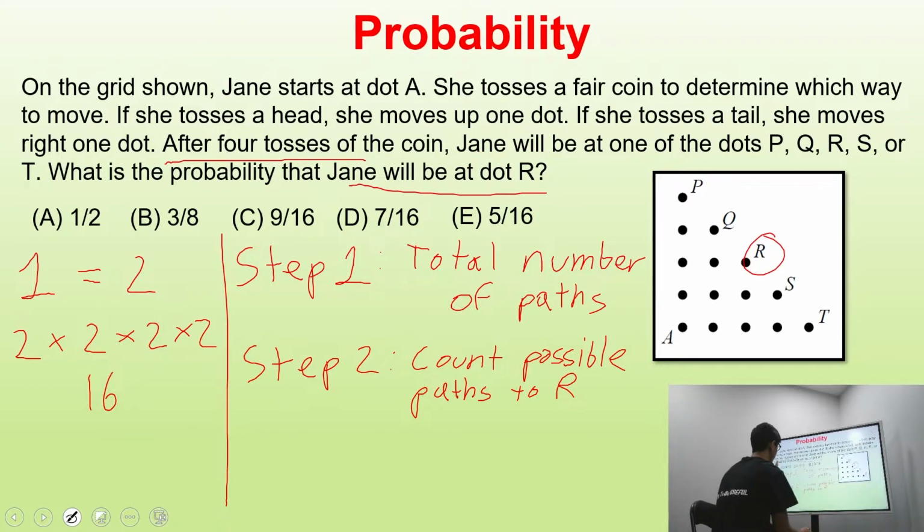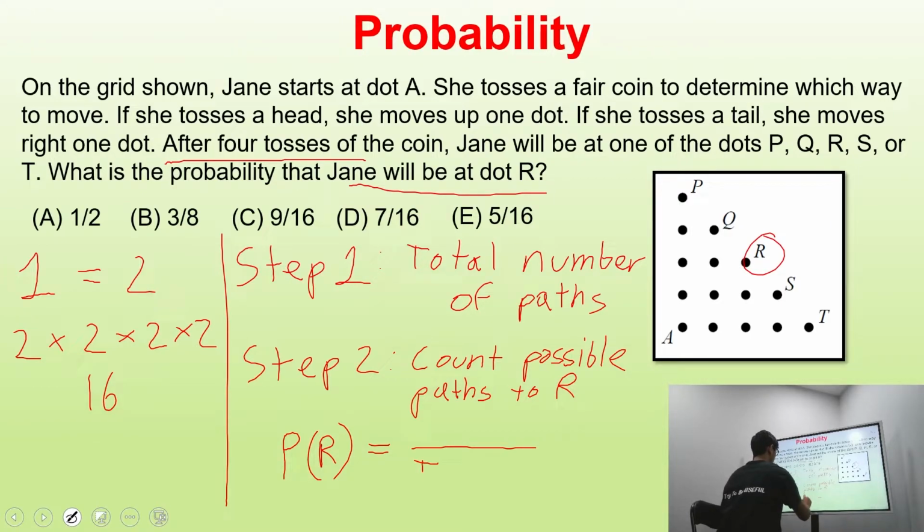Also, we're going to put the probability formula here too. We're going to write the probability of landing on R is equal to the total possible outcomes to reach R divided by the total number of paths.